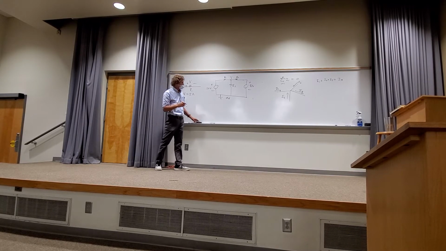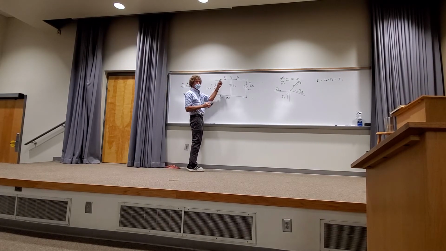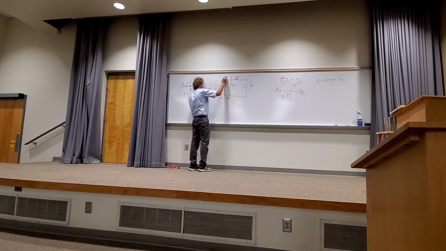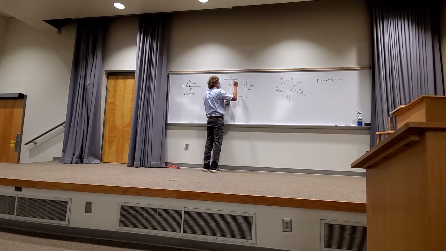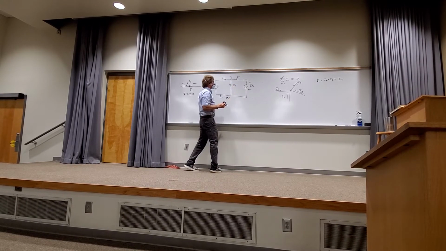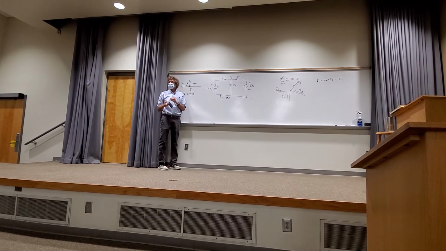Matter of fact, I'm going to make these resistors real numbers. That way it'll be even better. So I'm going to make this 10 ohms, this 50 ohms, and this 20 ohms. Those are in the default there as ohms. I'll put the symbol in if it bothers you. Can you read it in the back, guys?